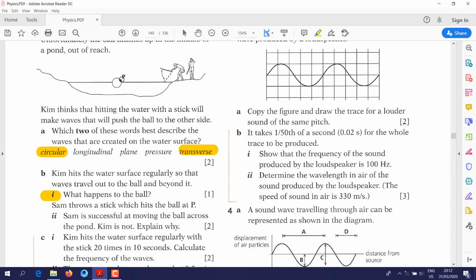What will happen to the ball at this position? The ball will go up and down. So when it moves up and down, what will happen? Transverse waves will produce only up and down motion.